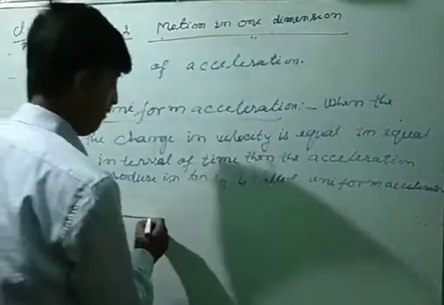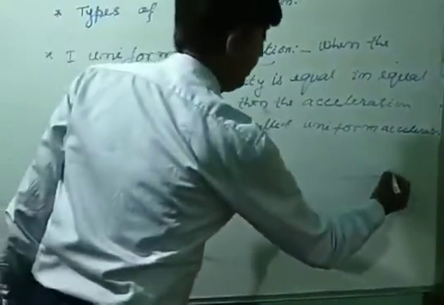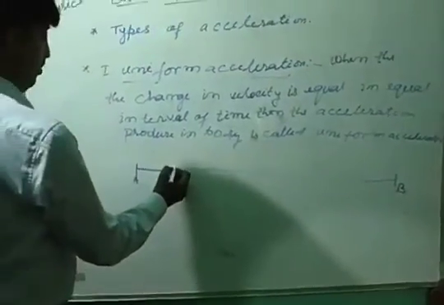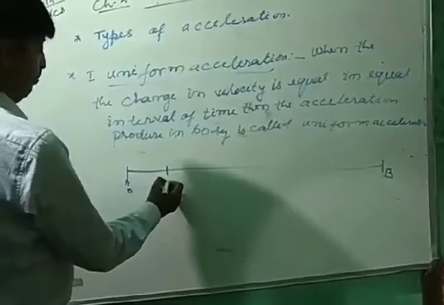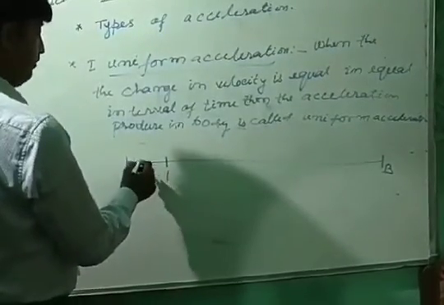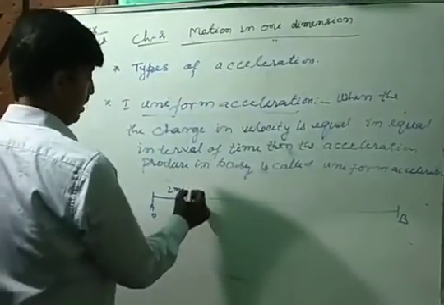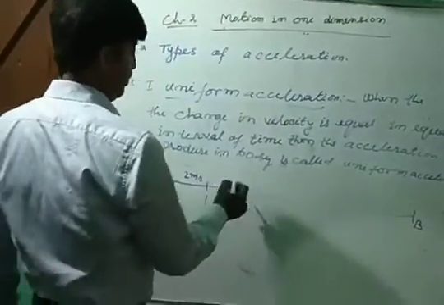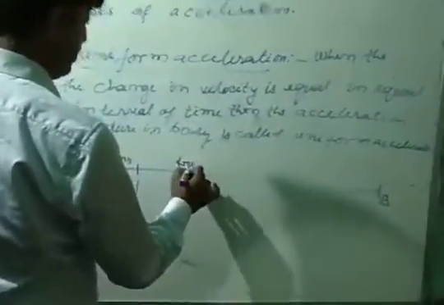As for example, let a body start moving from point A to B. If the body starts moving with zero velocity from point A, and in 1 second its velocity becomes 2 meter per second, and at the end of the second second its velocity becomes 4 meter per second.